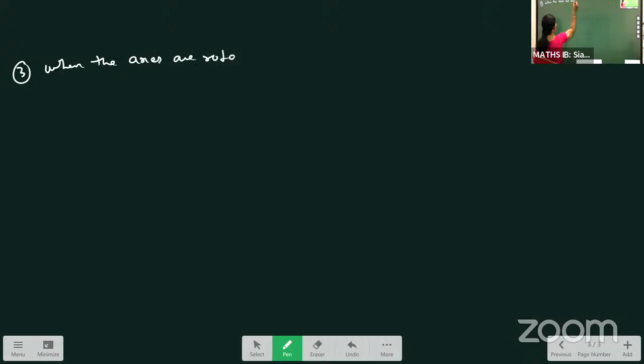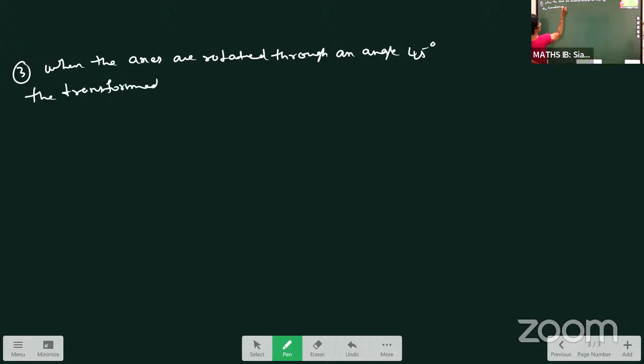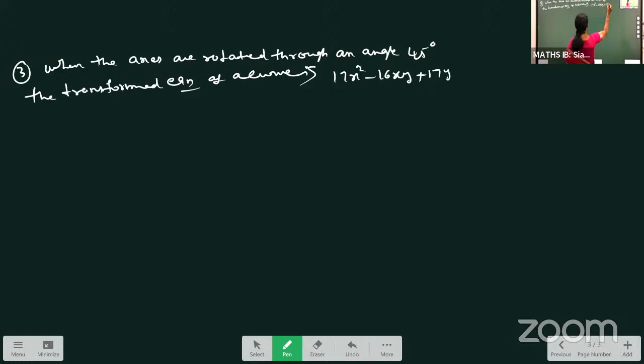When the axes are rotated through an angle 45 degrees, the transformed equation of a curve is 17x square minus 16xy plus 17y square is equal to 225.